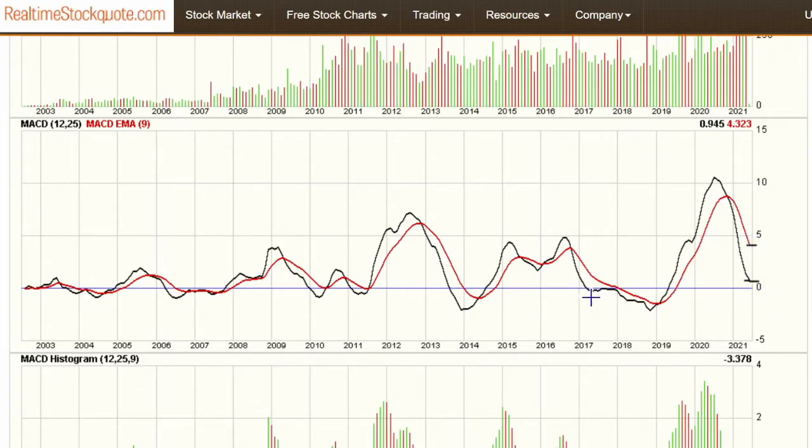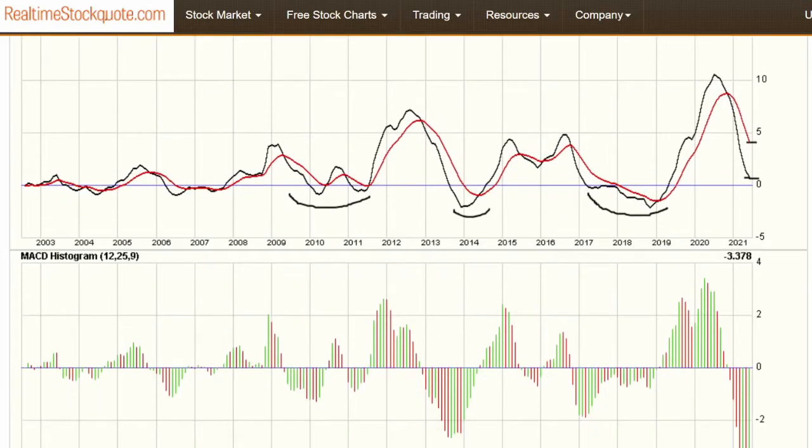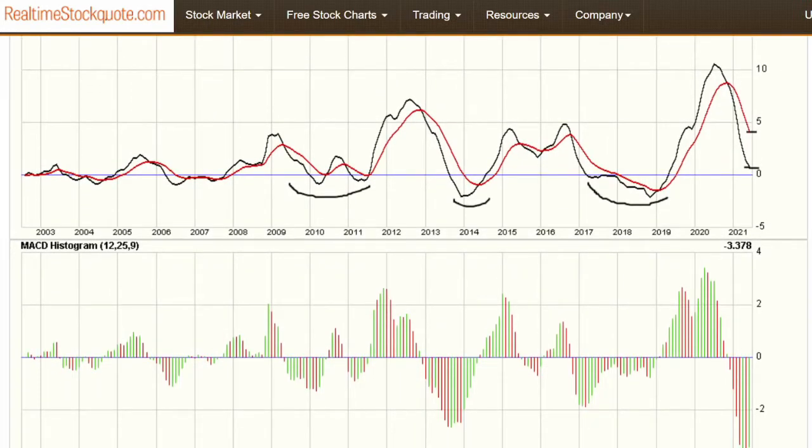So, such as here, pretty good bottom and basing, but it took a while. This was a little quicker. This, I think we said, took a little bit longer. Now, moving on down here into the MACD, you can see we're very, very deep. So in my humble opinion, this needs several months of improvement before you think about buying.